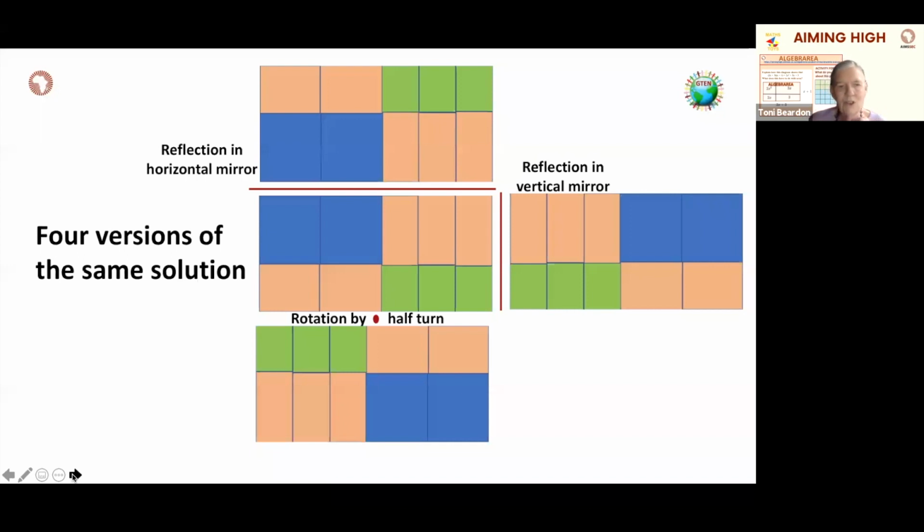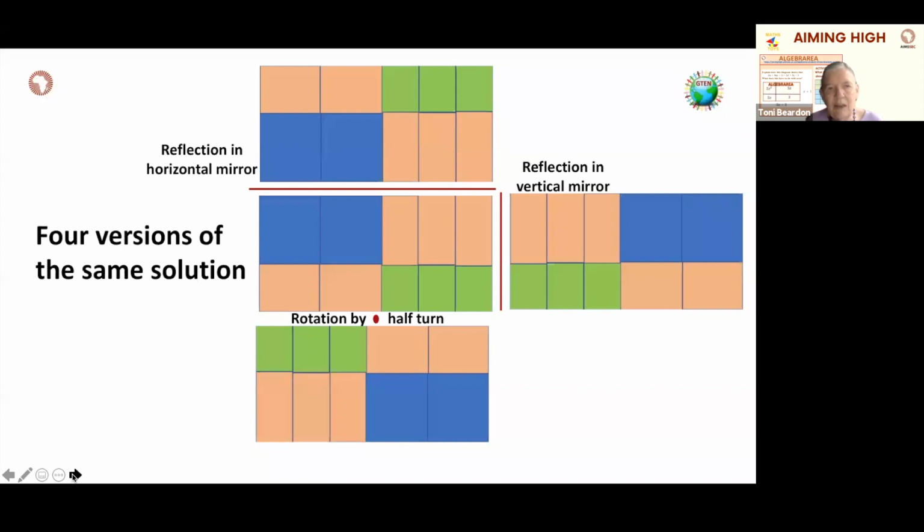We meet reflections when we look at ourselves in the mirror, when we look at our two hands and realize they're reflections of each other. It's part of our experience, but it's also part of higher mathematics, and it's used and developed in the applications of mathematics in physics and in crystallography as well.